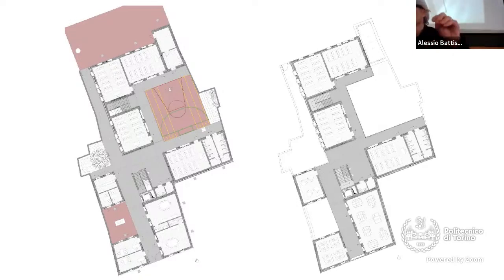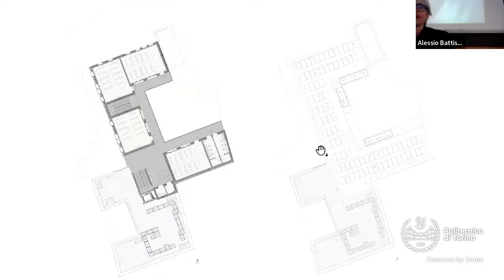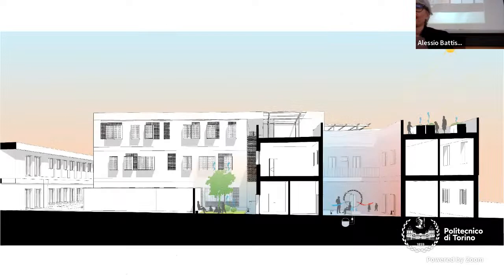Also, the bathrooms should be totally divided, and so we had a lot of complexity and complication. On the first floor, we have laboratories and classrooms, and then classrooms again, and then the roof that we have just seen.